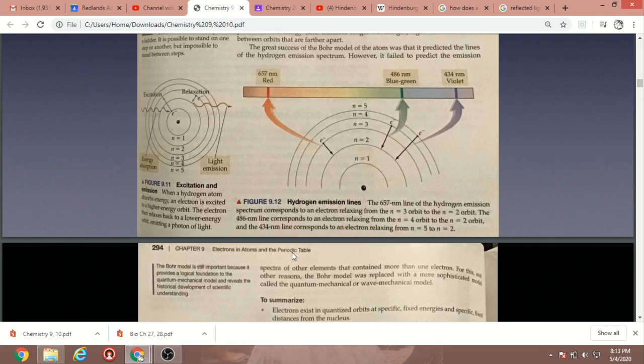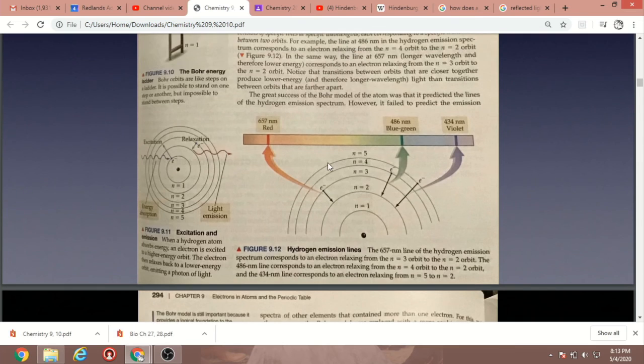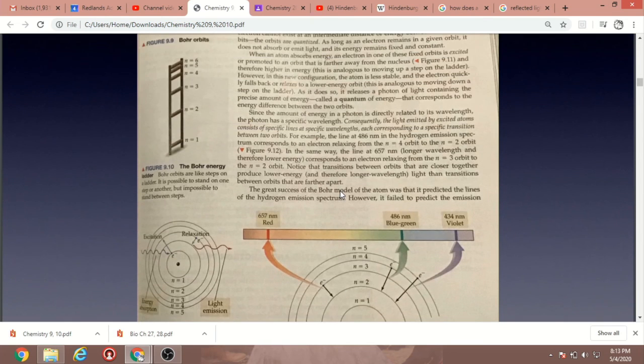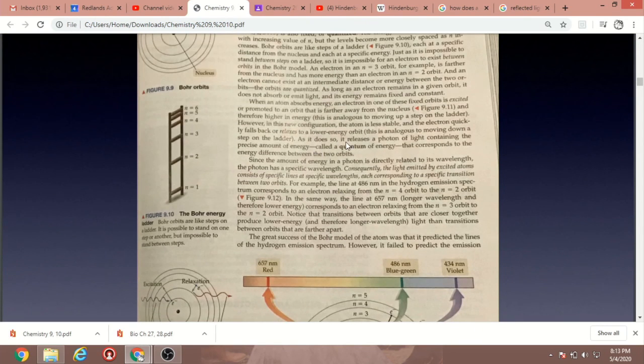And it has to do with what we're just talking about, though. Quantum mechanics has to do with the fact that there are quantized amounts of energy between energy levels of electrons. All right, so again, as it does so, it releases a photon of light containing the precise amount of energy called a quantum of energy.